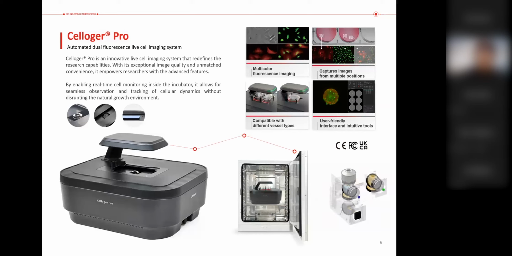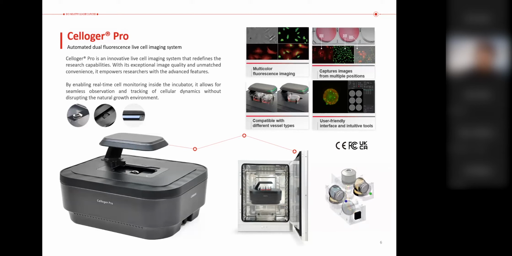The Celloger Pro is one of our newest products that we launched a few months ago. The Celloger Pro supplements the Celloger Mini Plus. It comes with standard bright field microscopy, but it has two colors at the same time.